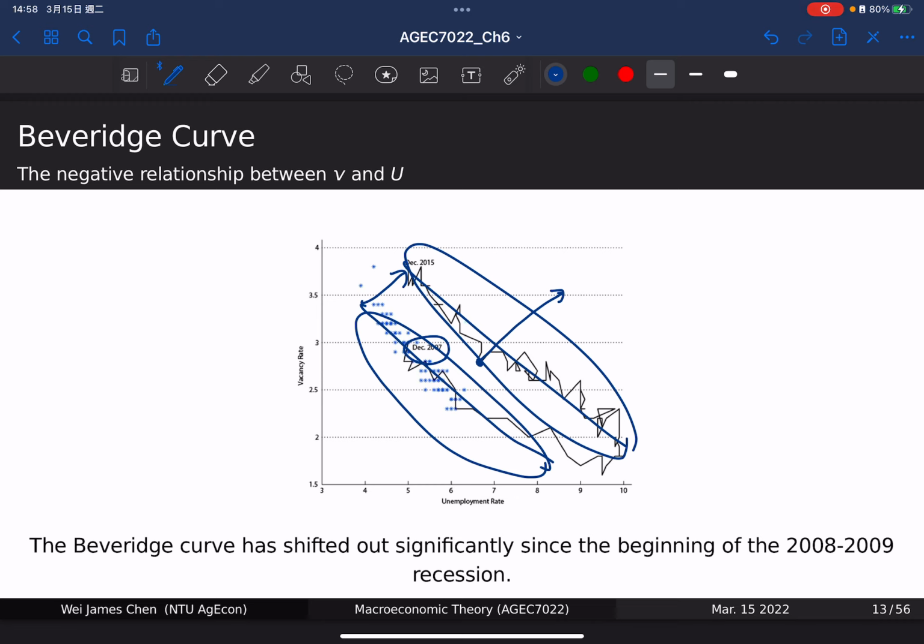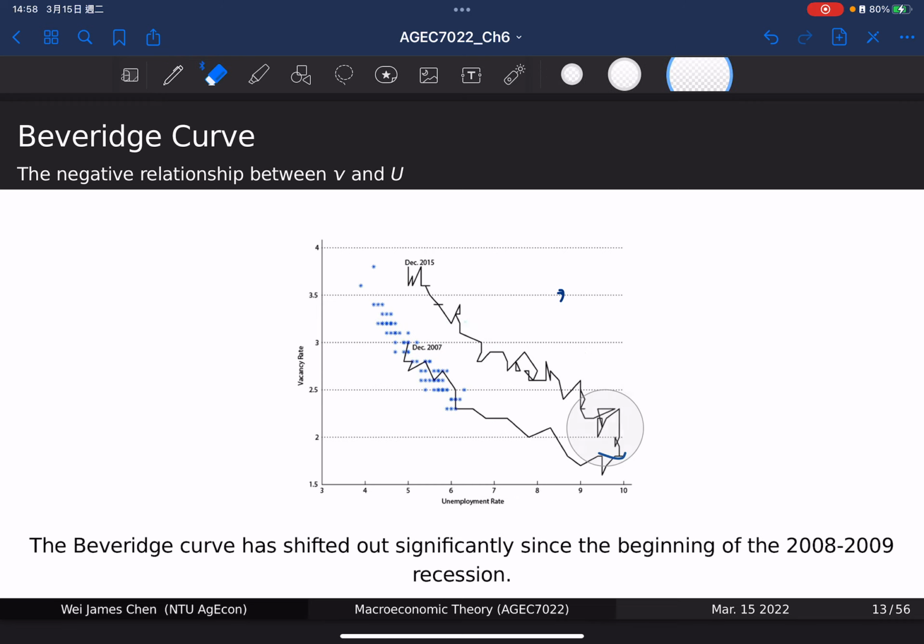It means given the same level of vacancy, say 2.5%, originally the economist can give you a prediction by this Beveridge curve and tell you the unemployment rate is going to be around 6%.